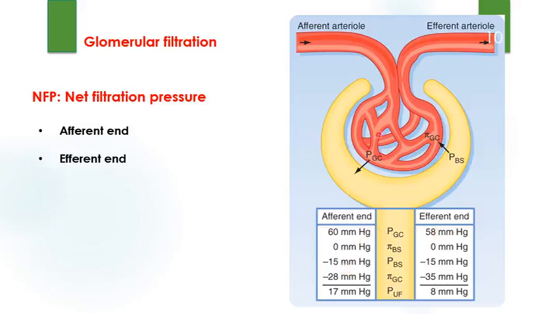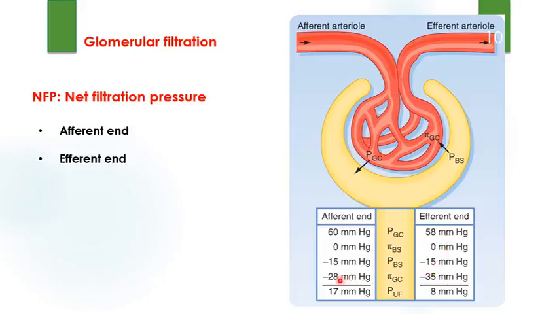And also the oncotic pressure inside the glomerular capillary, due to the plasma proteins, at the afferent end is smaller compared to the efferent end, because by filtration of about 20% of plasma into the Bowman's space, the plasma proteins are concentrated toward the end of the glomerular capillary, and at the efferent end they are higher compared to the afferent end.